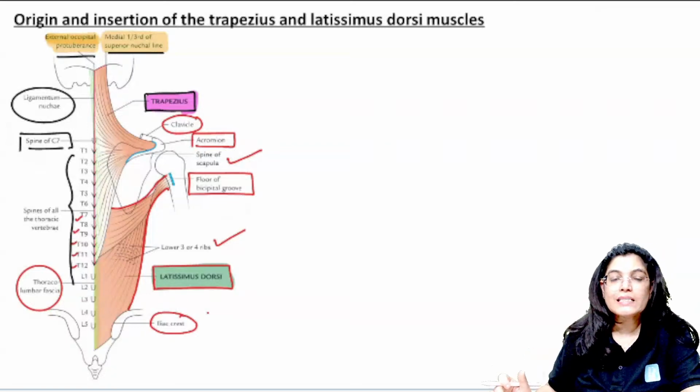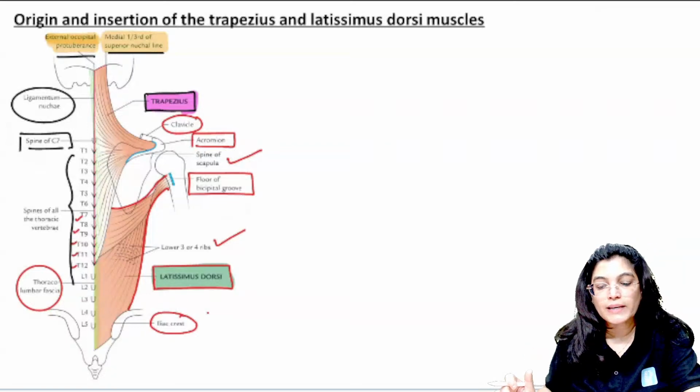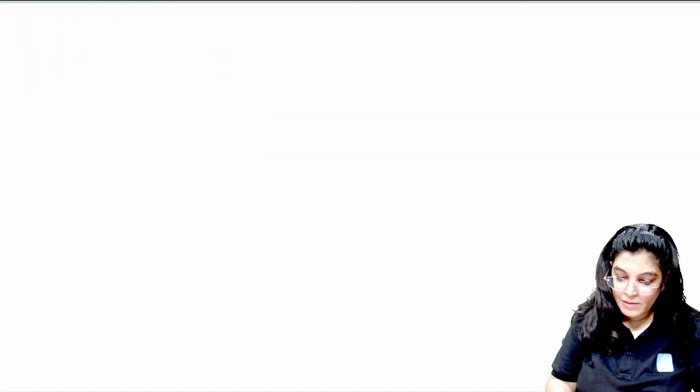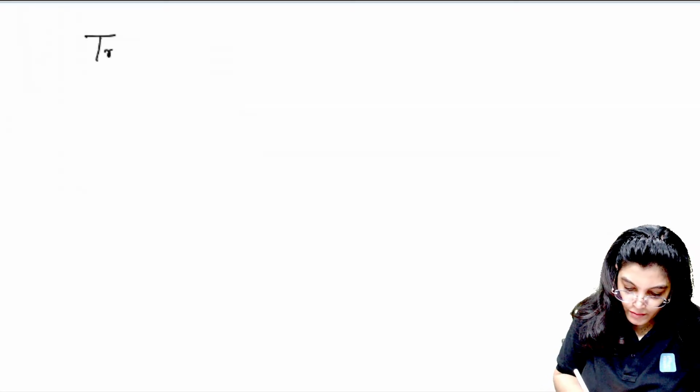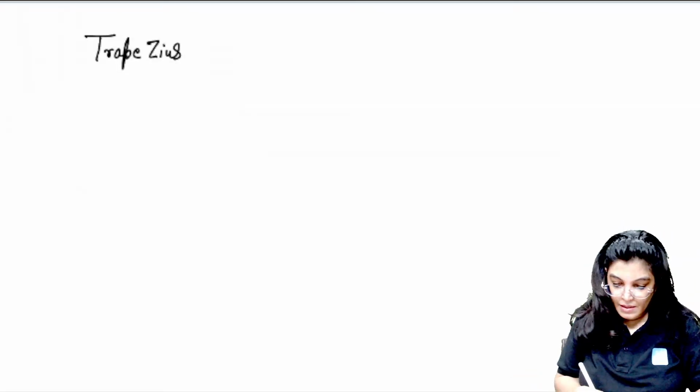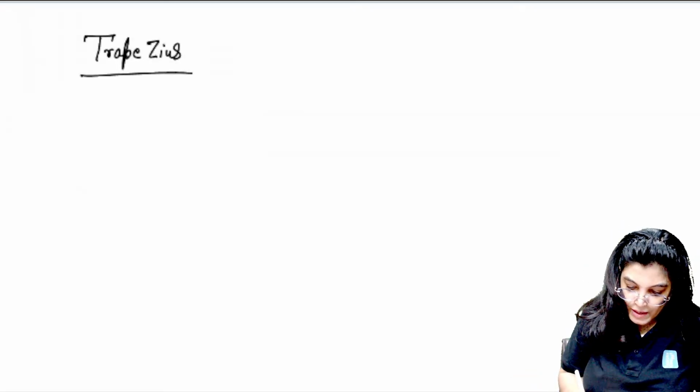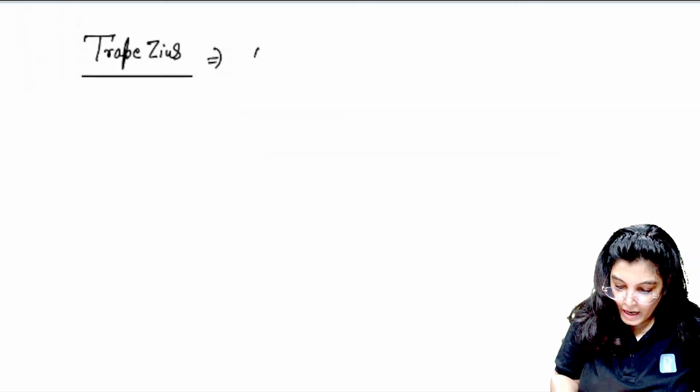What else? Let's write it, because it's very important that you know the origin and insertion of these muscles. The first muscle I want everybody to note down is the trapezius muscle. So please write down the heading: Trapezius muscle. Now let's describe the origin.